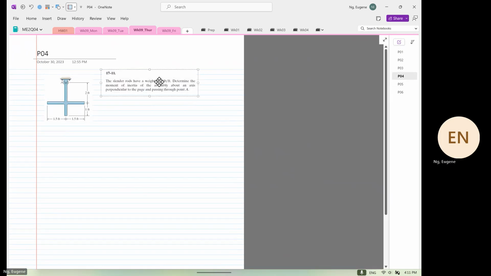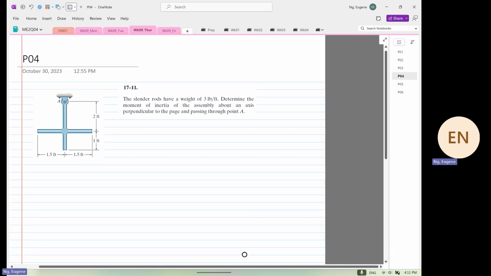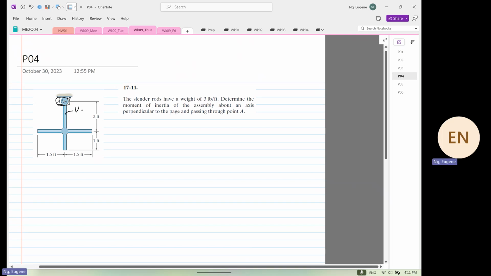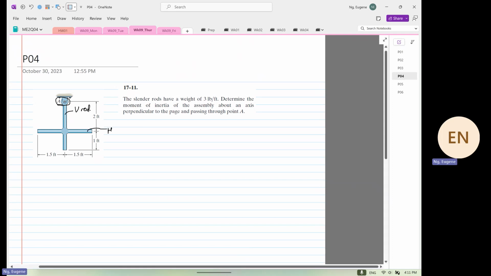The slender rod has a weight of 3 pound-feet. Determine the moment of inertia of the assembly about an axis perpendicular to the page, passing through point A. So I'm going to call this the vertical rod, and I'm going to call this the horizontal rod.